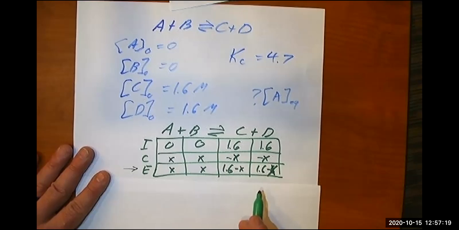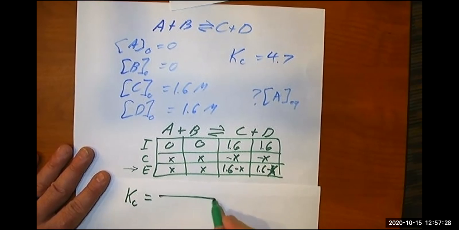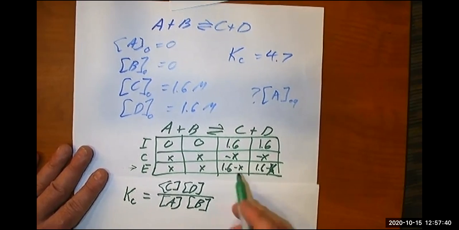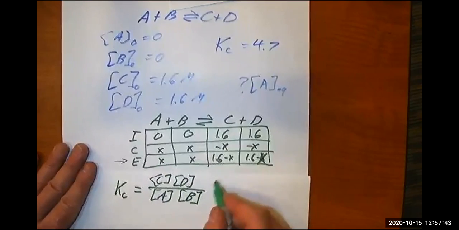The first thing you should do in most of these problems is write your expression for the equilibrium constant. What's that expression going to look like? Yep, concentration of C, concentration of D, over concentration A, concentration B. Well, we have values for these at equilibrium.